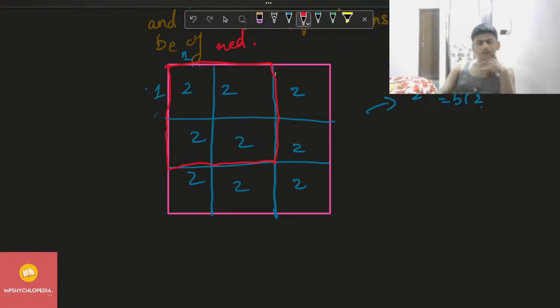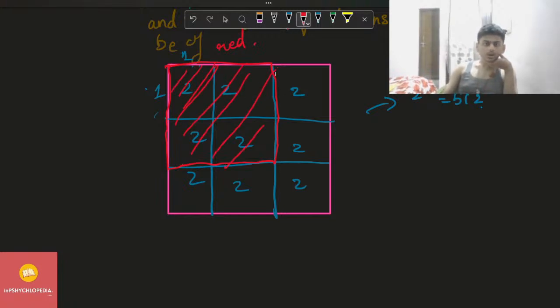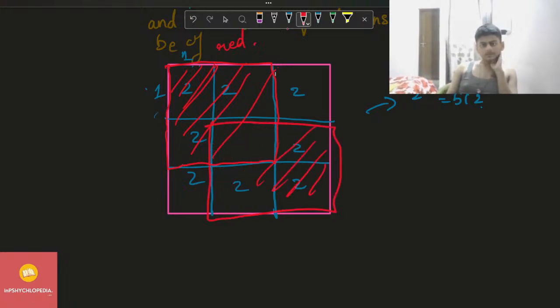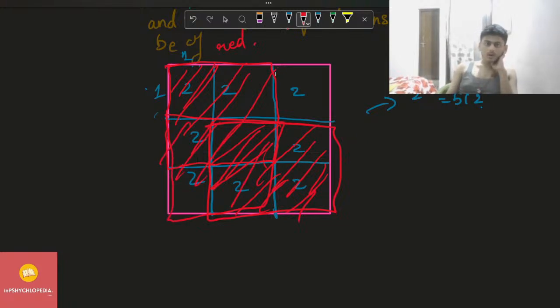So this square will be painted red, or this square, or this square, or this square.